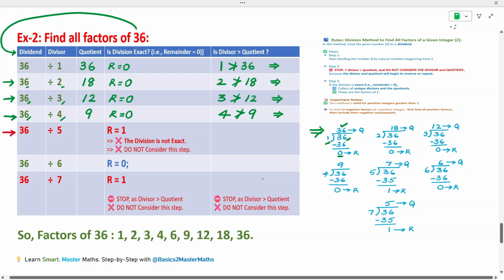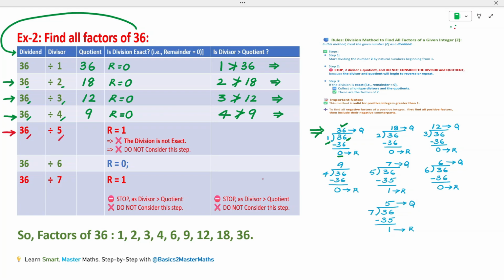Here, when we divide 36 by 5, we get 7 as the quotient and 1 as the remainder. In this case, the divisor is 5, which is not greater than the quotient 7. So, continue to the next step.